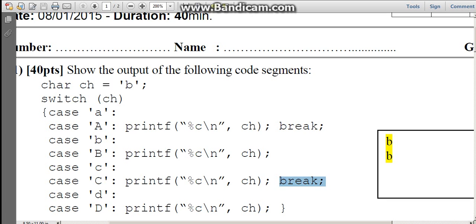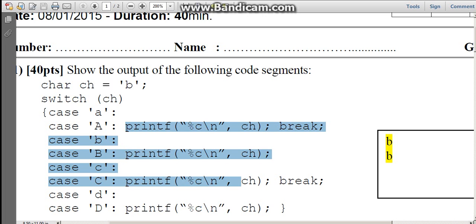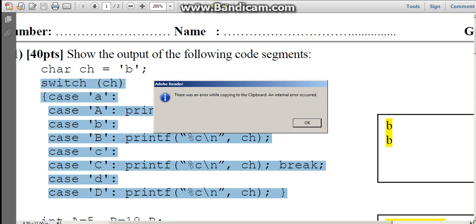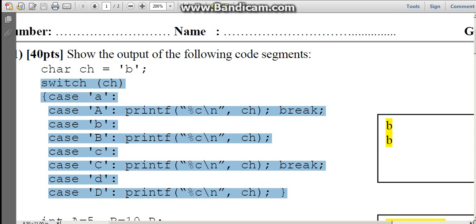So break means stop, right? Switch means check if ch is equal to any one of these, then do any one of these codes. All right, I hope this is clear for you.